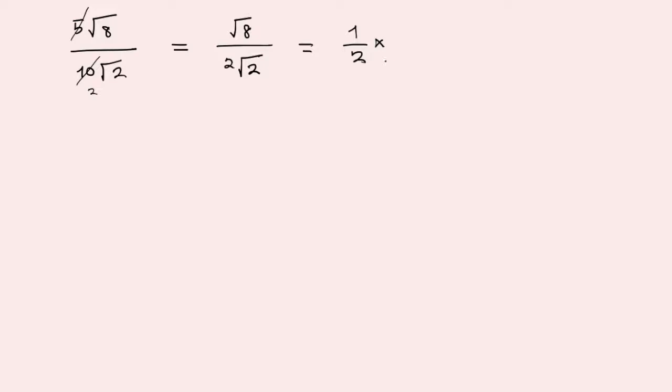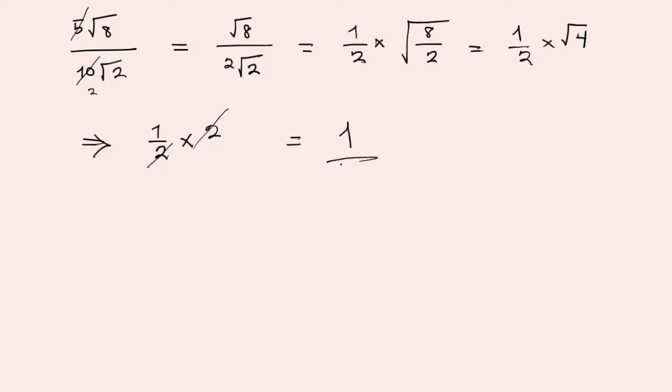That's 1 over 2, and then we combine 8 over 2 as the square root of 8 over 2. Now 8 over 2 is equal to 4, so the square root of 4. Let's bring our half here first, and we know that the square root of 4 is equal to 2. So 2 cancels out 2, and our final answer here is 1.